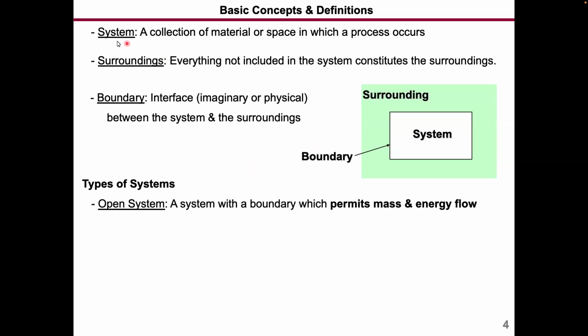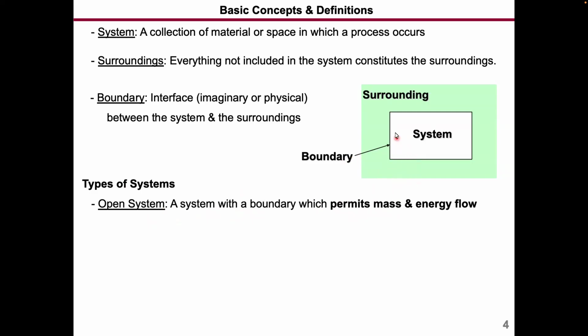Now, we already defined the system, the surroundings, and the boundary. So now we can talk about different types of systems, okay? There are three types of systems. The first one is the open system. An open system is a system with a boundary which allows mass and/or energy to flow between the surroundings and the system.